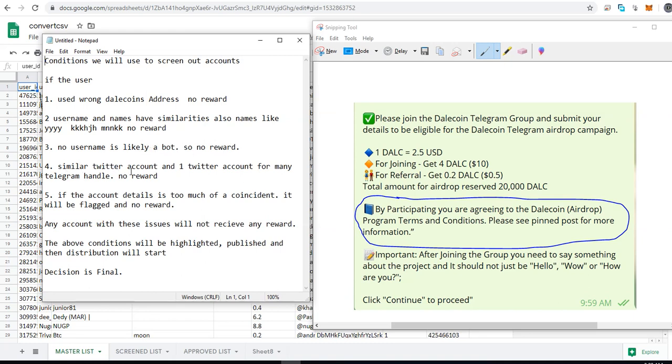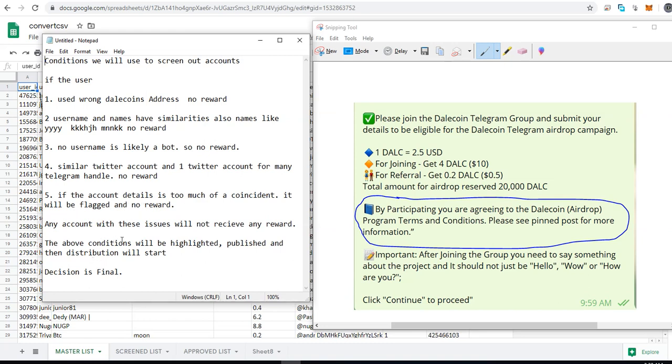Now, if your Twitter account is a similar account, and maybe one Twitter account for multiple Telegram names, then it means it belongs to one person, which I will show you now. If the account details are too much of a coincidence, for example we see Twitter accounts like David1, David2, David3, David123, this is suspicious, so we use our discretion and flag it, so no reward.